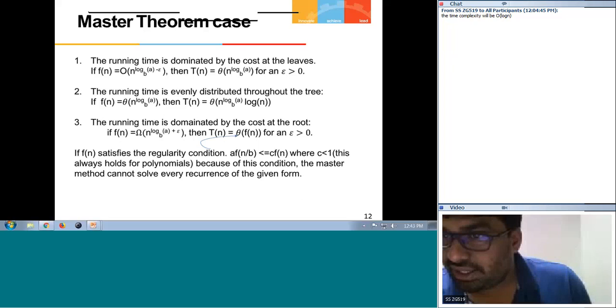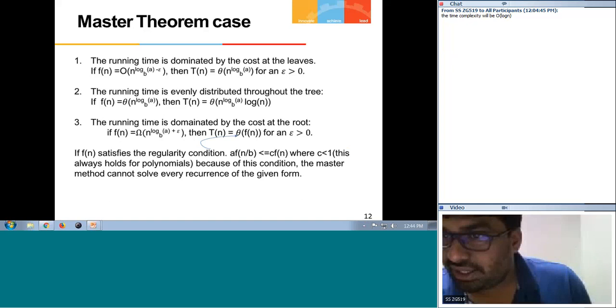Just look at this. a times f of n by b should always be less than or equal to c times f of n, where c is a constant value and it should be less than 1. If you are able to prove it and the condition is satisfied, which will hold when your equation is a polynomial equation, then only you can implement the master theorem for case 3. Otherwise, none of the master theorem can be applied.